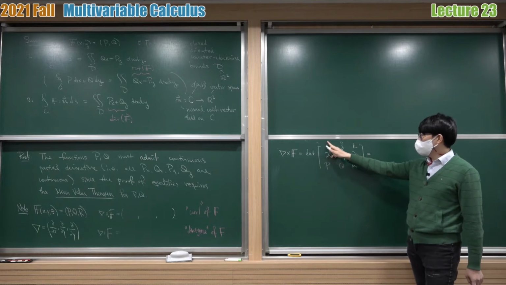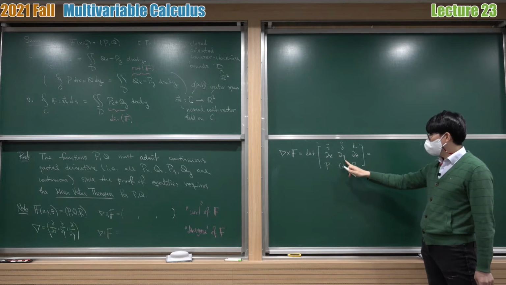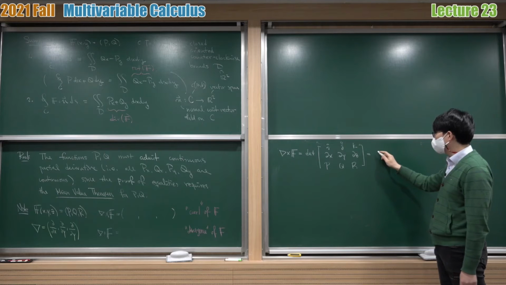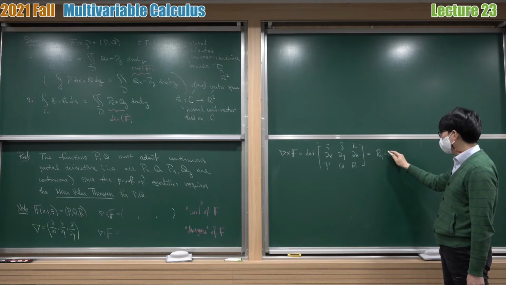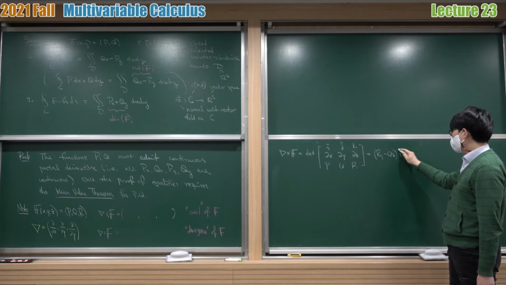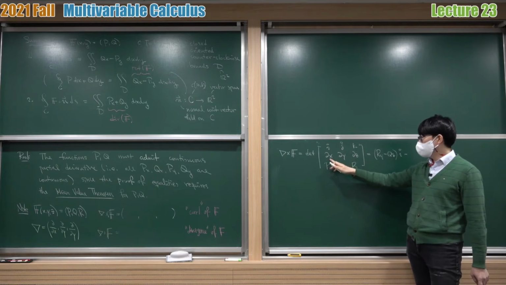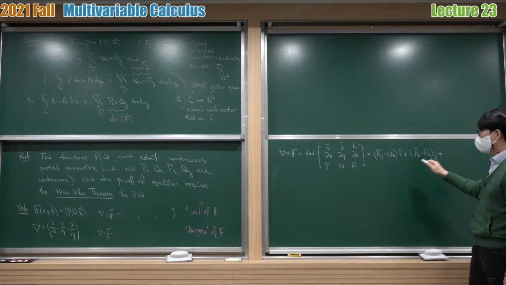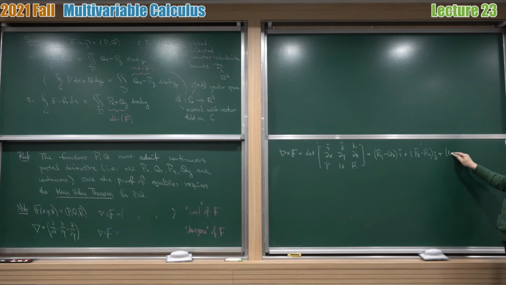First of all, the i component has the coefficient Ry minus Qz, Ry minus Qz, i. And how about j? So j has Pz minus Rx, j. And then k is Qx minus Py, k. We have seen this Qx minus Py in the two-dimensional version.